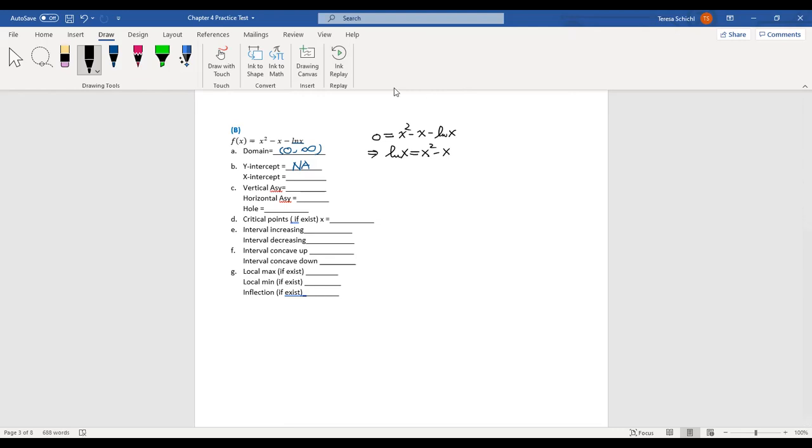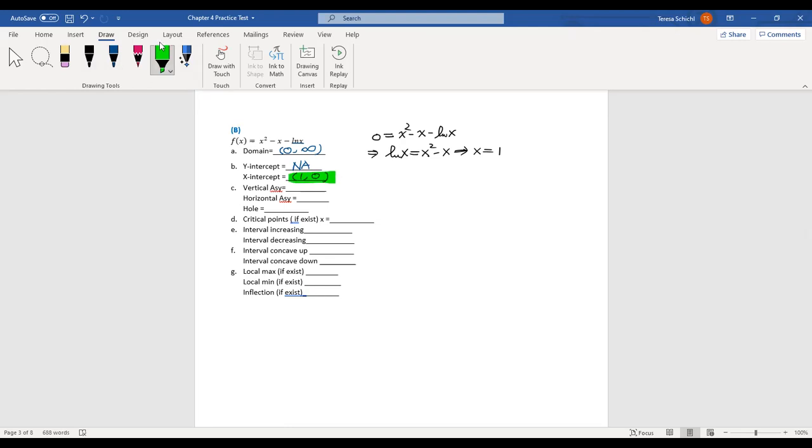We know the only point that exists here is x equal to 1. So this is what gives me the x-intercept. So this is my first point, (1, 0). Okay, let's highlight that.